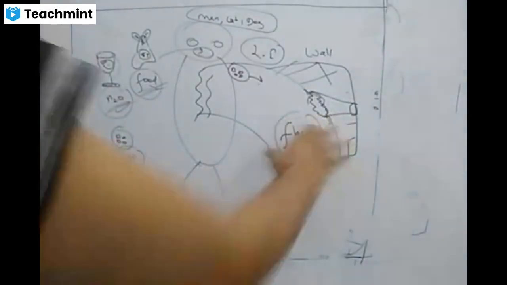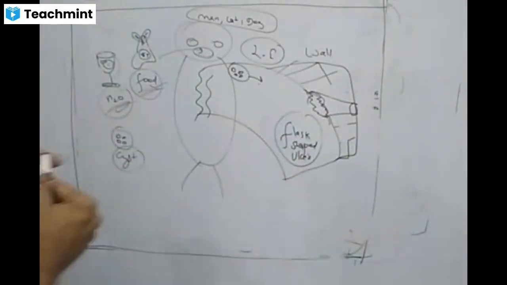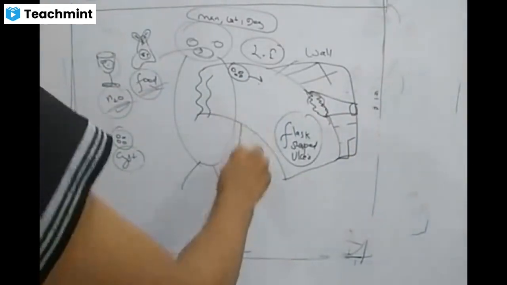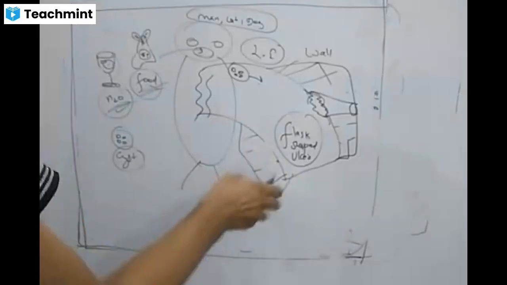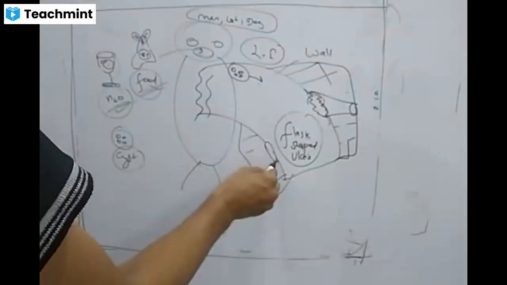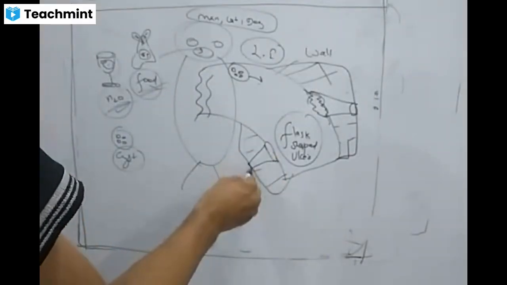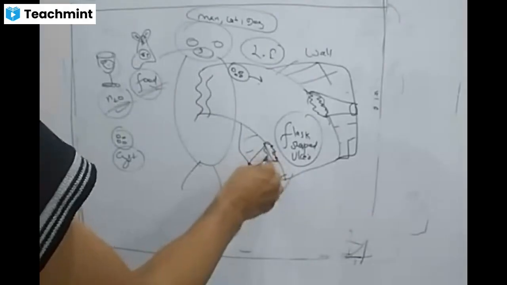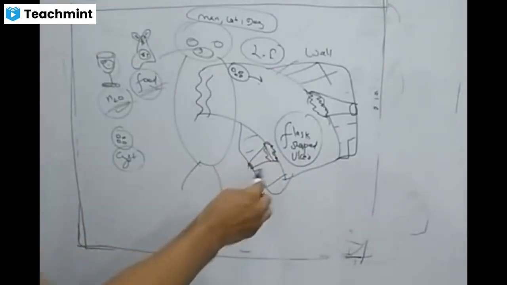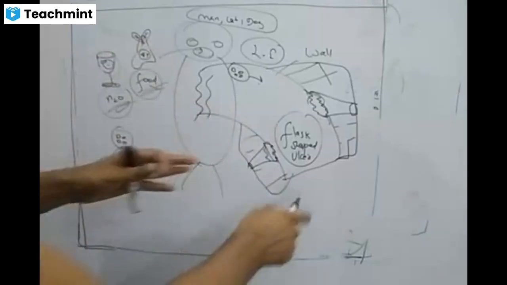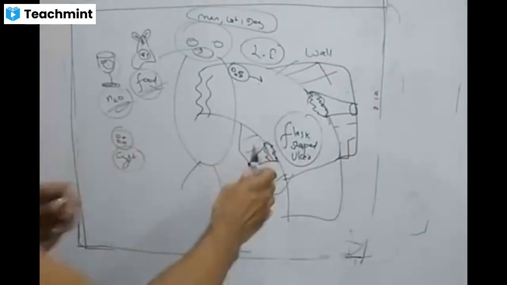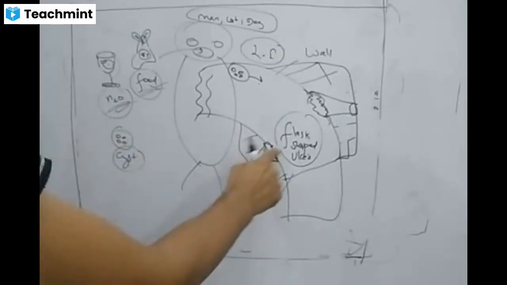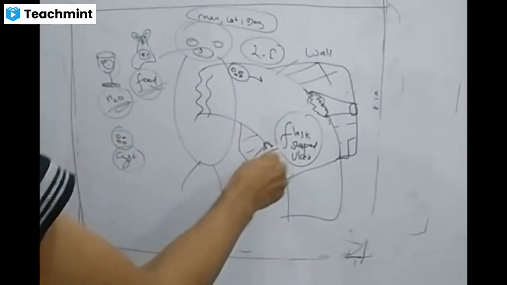If we make the wall this side also, and if the same trophozoite keeps on eating, it makes another flask-shaped ulcer, and another flask-shaped ulcer. In this manner, after some time, the trophozoite will perforate.